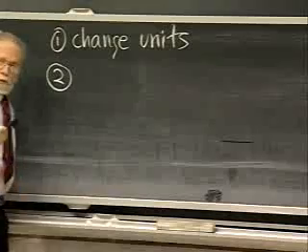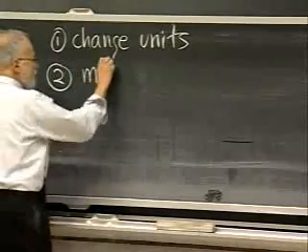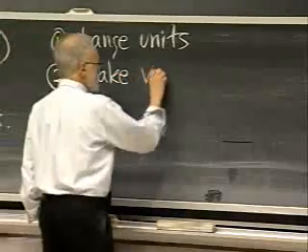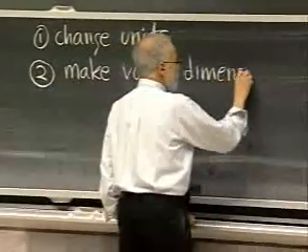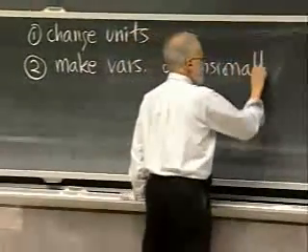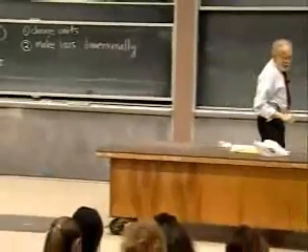Perhaps an even more important reason is that sometimes it's used to make the variables dimensionless. In other words, so that the variables become pure numbers with no units attached to them.